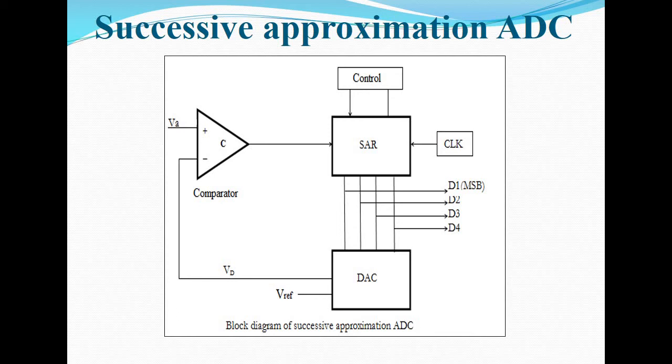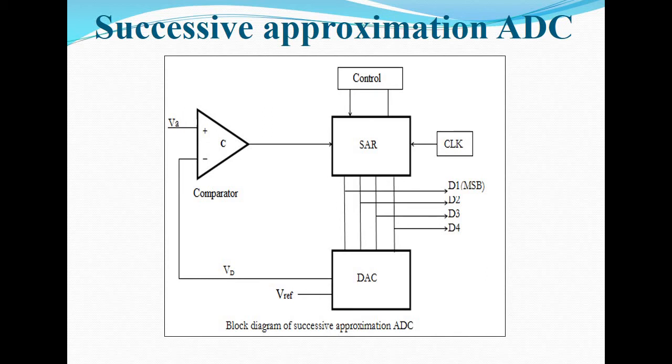If we consider a digital number in 0-1 format, suppose the number 1010, the bit on the left side is the MSB, the most significant bit, and the extreme right bit, 0, is the LSB, the least significant bit.